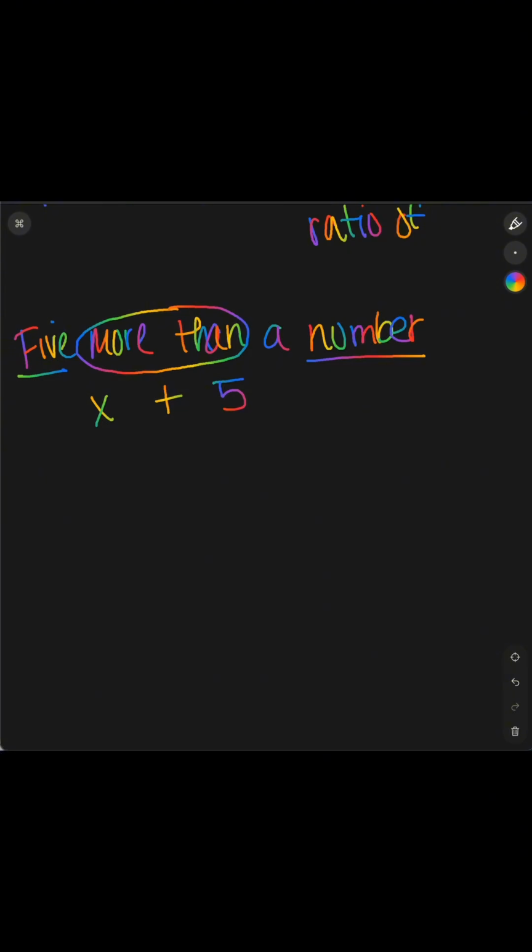Okay. Next one, twice a number. We know twice means multiplication and twice is 2. So we're going to be multiplying a number by 2. This number, when we don't know what it is, we're representing it with a variable. And so when we multiply a variable by a number, we just write it as the coefficient.